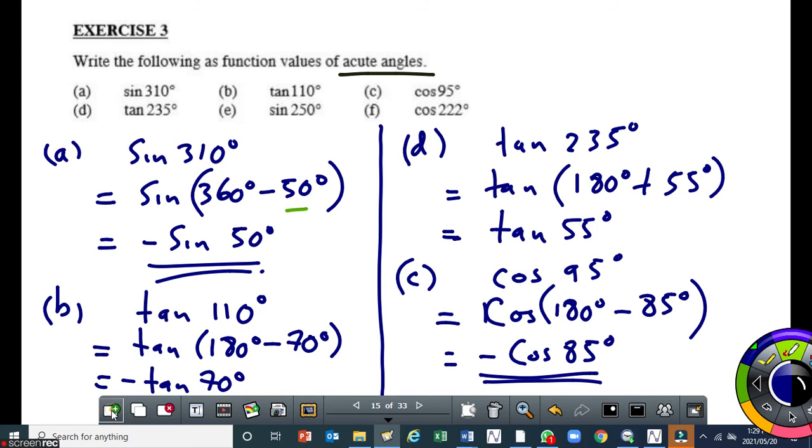Then we can do E. So we have got sine 250 degrees. In which quadrant is 250 degrees? The third. So we write this as 180 degrees plus which angle? Which angle can we add to 180 to get 250? 70 degrees.